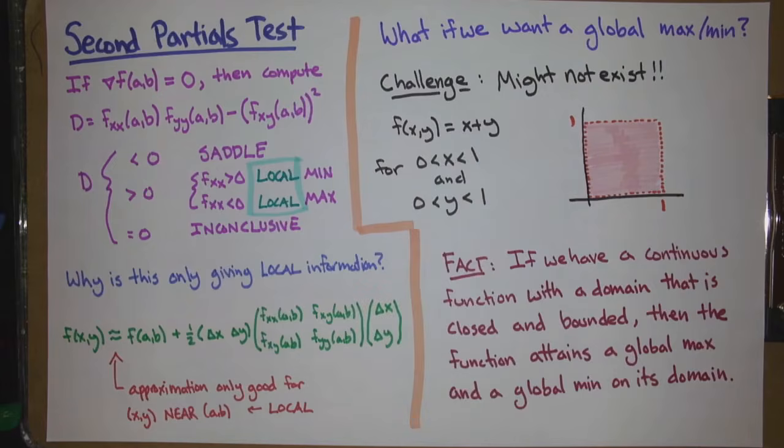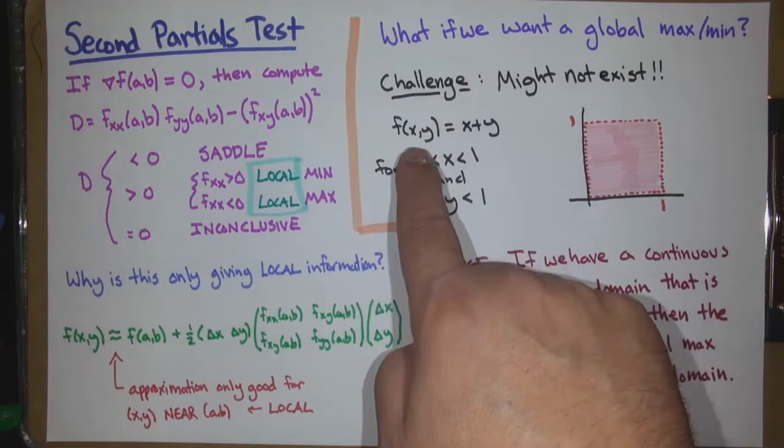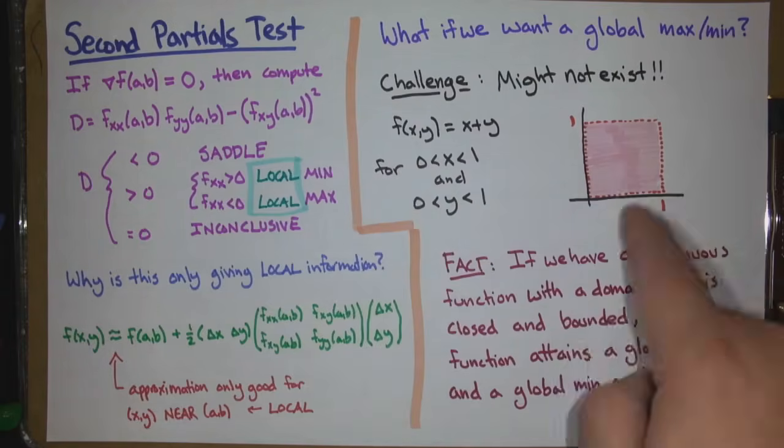It's a very harmless function. Now the only thing we're going to do is restrict the domain and say look in between x from 0 to 1 and y from 0 to 1. So there's a square, but you're not including the edges. Now, my question: what's the largest value for this function inside this square?